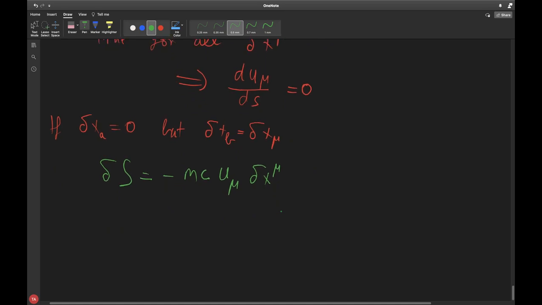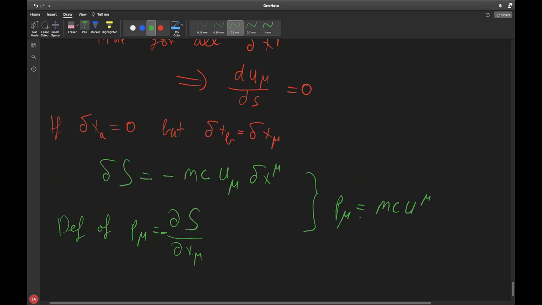The reason why we did this is that the definition of the four momentum p mu is that it is the derivative of the action by x. Putting these two together, we get that the four momentum of the system is, oh, and there is also a minus sign here, so minus minus is a plus, mc u with an index.